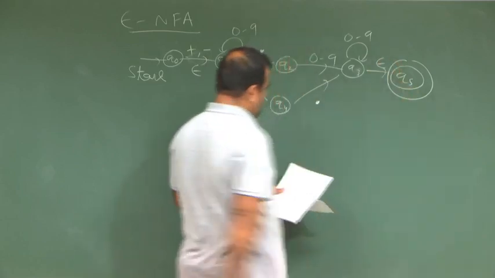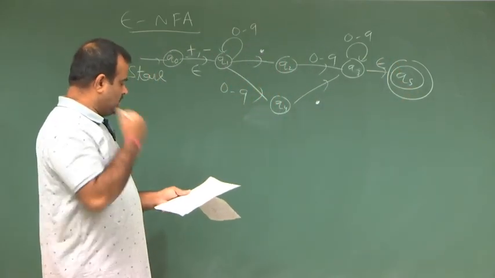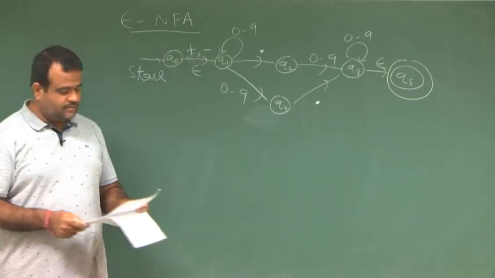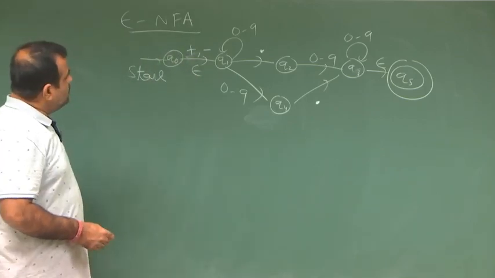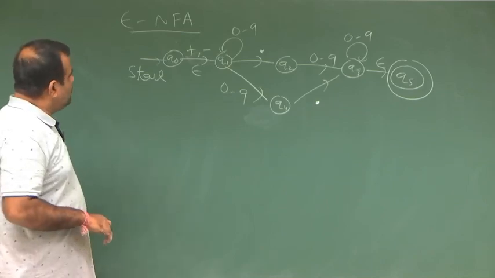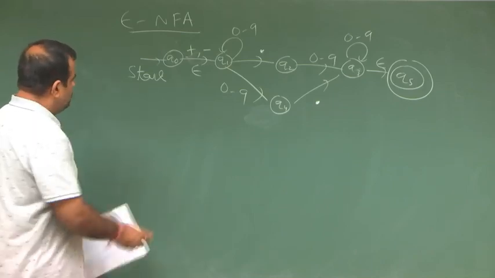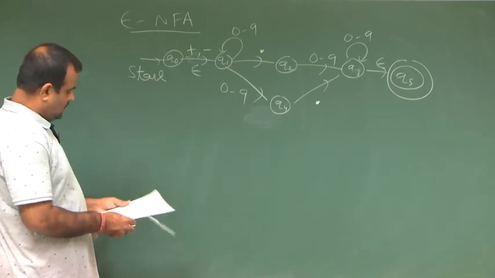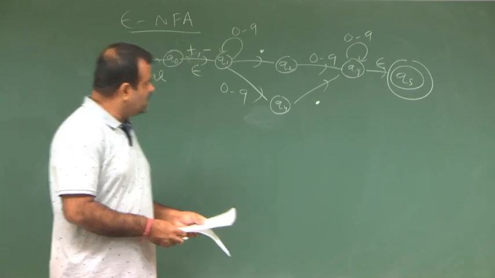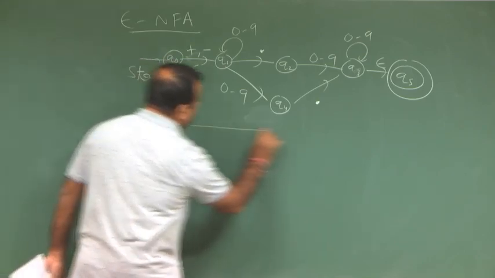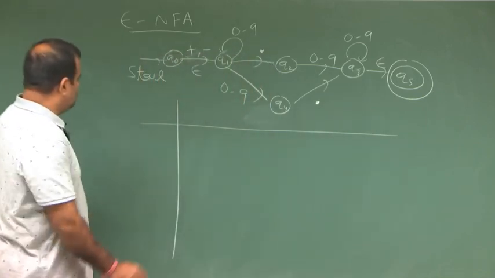So, this is our epsilon. Now from there we want to compute the equivalent DFA. For the DFA we consider all the states, including the epsilon closure of them, and we find the delta.